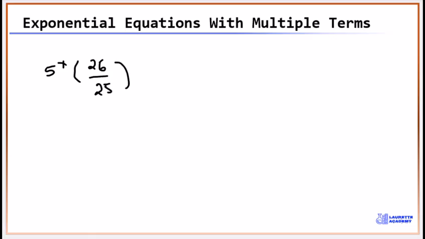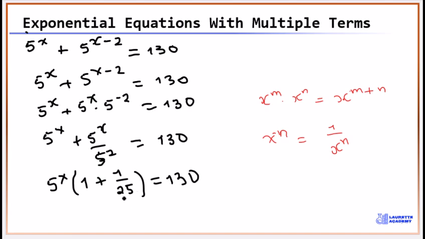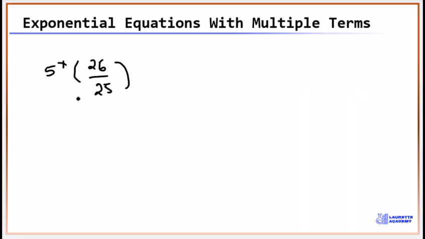Because when you evaluate this, 25 times 1 is 25, plus 1 is 26, divided by 25 times 1, which is 25. So that's why we have 26 over 25 here. And this is equal to 130.